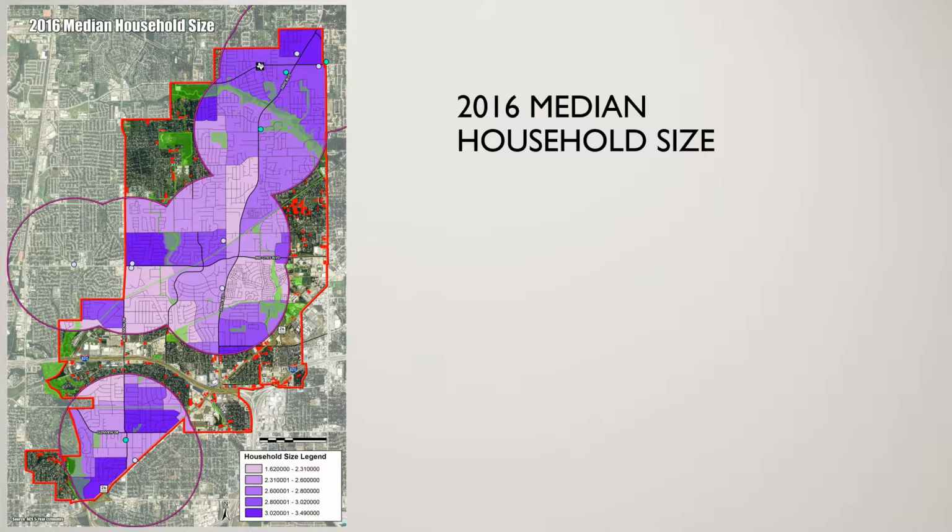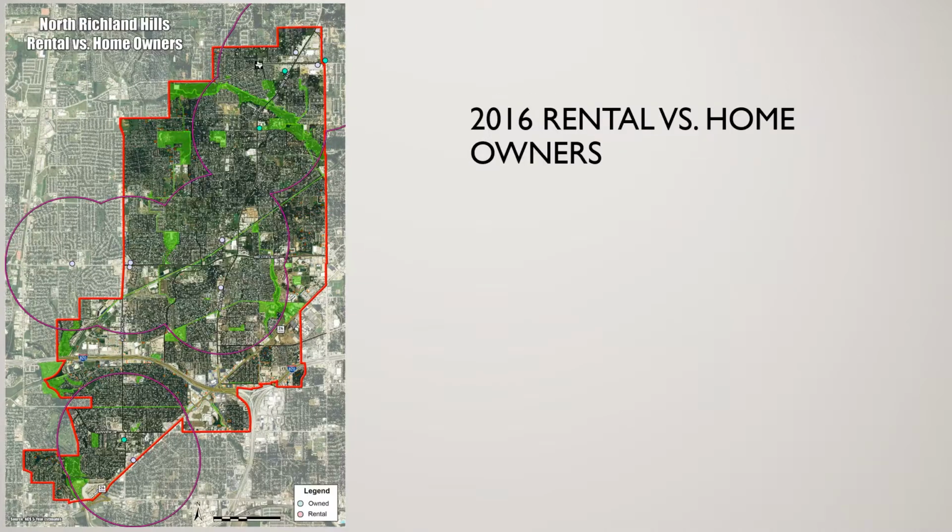And then I created a buffer and showed the median household size for those areas. Not a big deal, just showed exactly what it shows right there in the legend. This was showing rental versus homeowners. Pretty much the same thing as I showed earlier, it's just constrained to within the buffers.